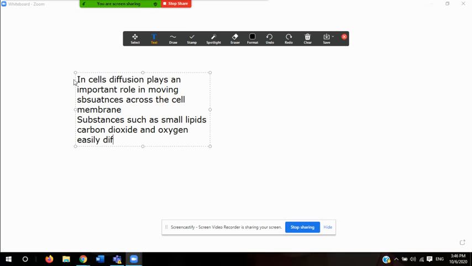That means they easily pass across the membrane, and it's because the cells need these substances in order to survive. Remember that the cell membrane is semi-permeable, so when it says it easily moves across, it is because there's a constant exchange. For example, there's always a constant exchange of oxygen and carbon dioxide when we breathe.